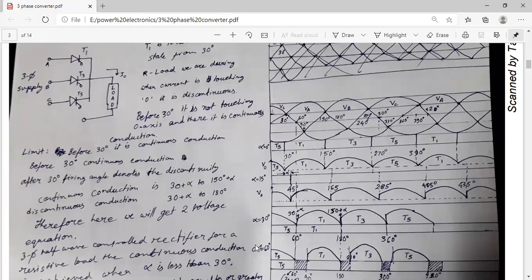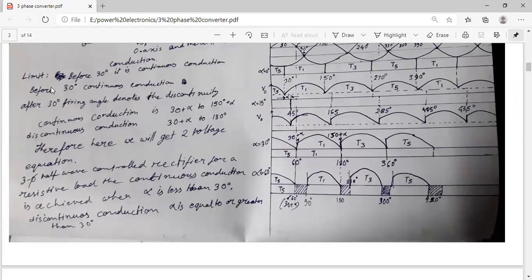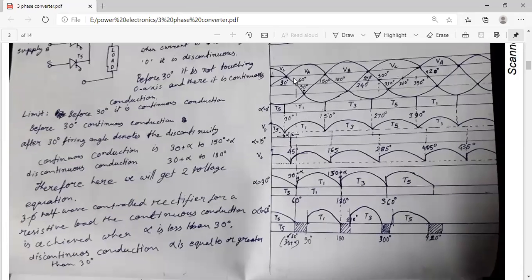Before 30 degree it is continuous conduction, and after 30 degree the firing angle denotes the discontinuity. Suppose the firing angle is 15 degree, then the conduction will start from 30 degree plus 15 degree, that is 45 degree, and your diagram will be like that.